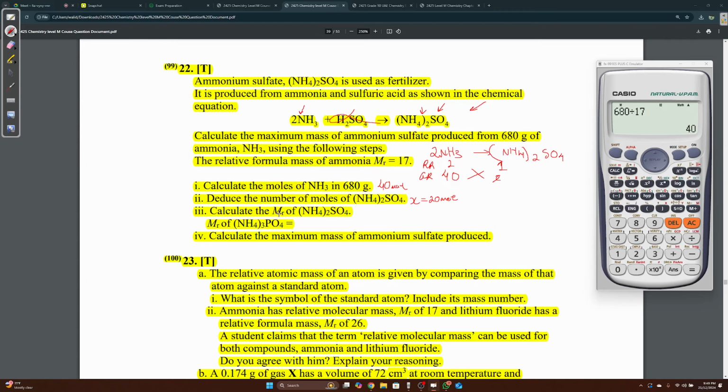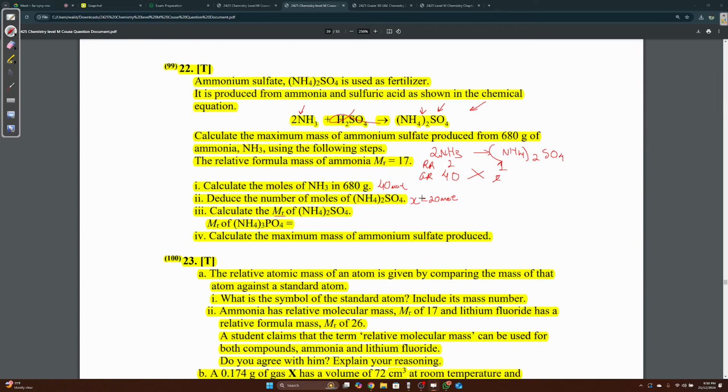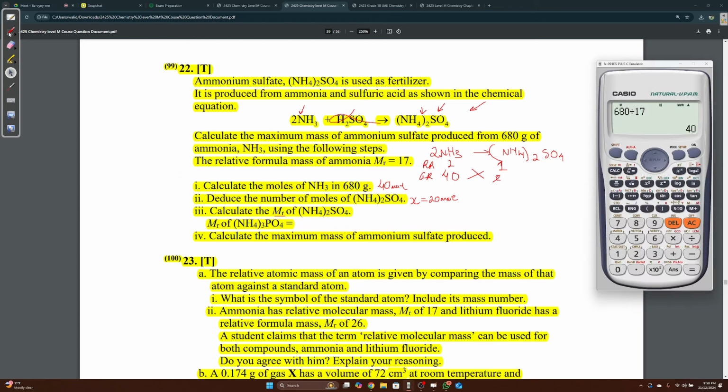Calculate the mass, the maximum mass. Sorry, MR means molar mass, not maximum mass. MR is molar mass. Let me take the calculator up. How do you find the molar mass of (NH4)2SO4? Very, very easy.